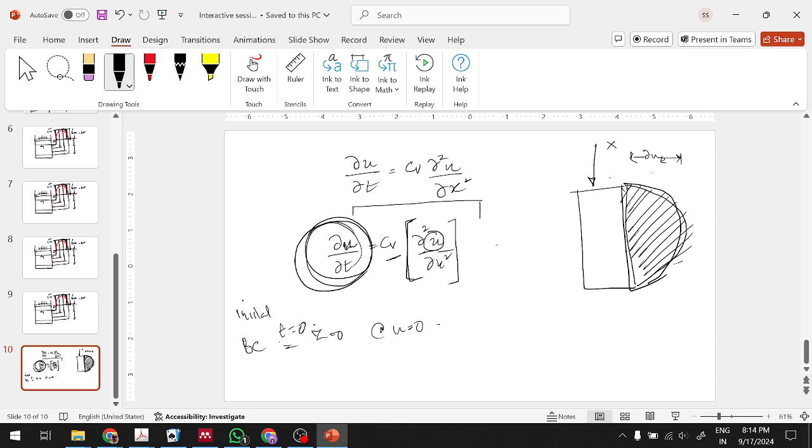Let's say here this is z equal to 0 and this is z equal to h, and let us say that they are freely draining on both ends. Let's call this h, and let's call this 2h. So the initial condition will be at t equals 0.